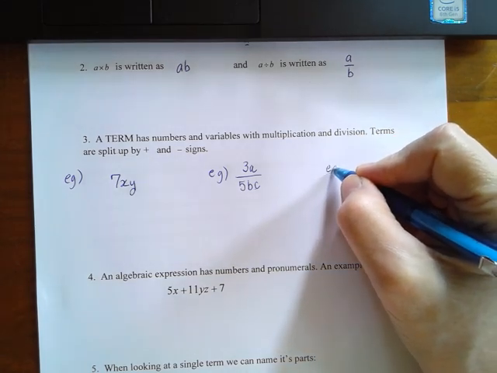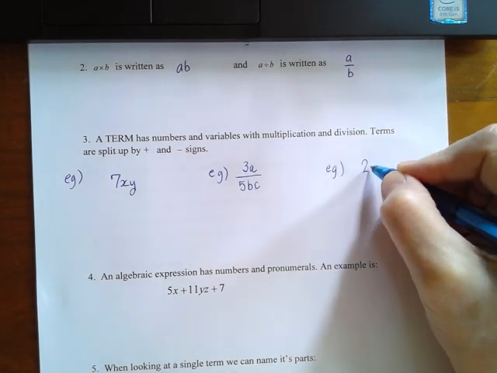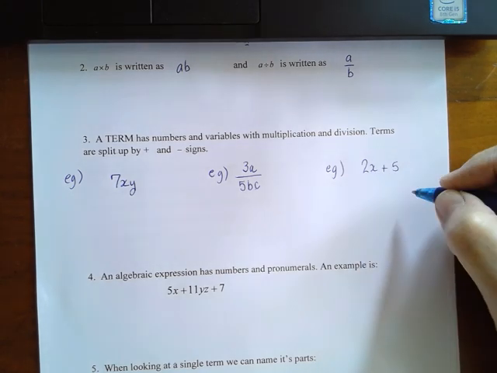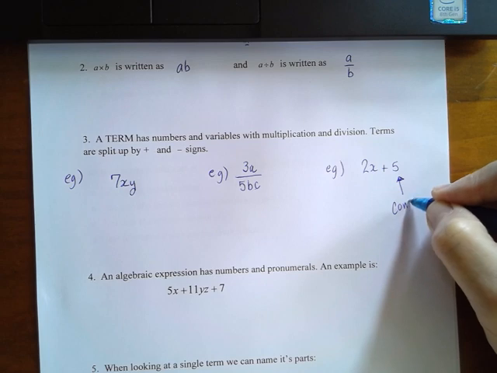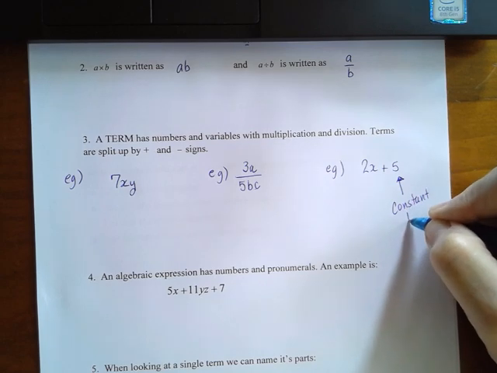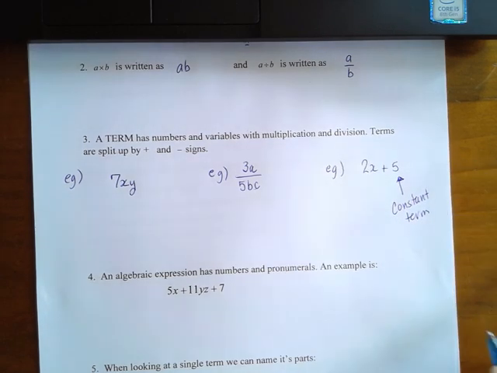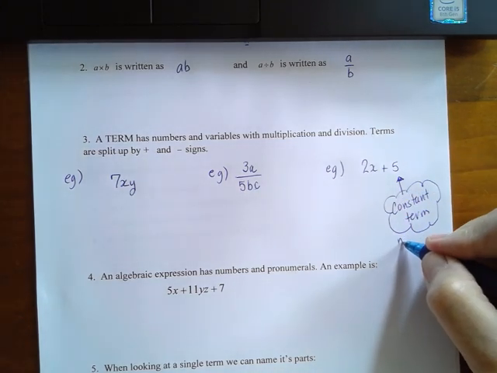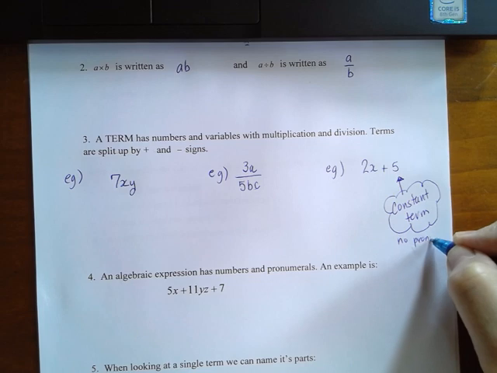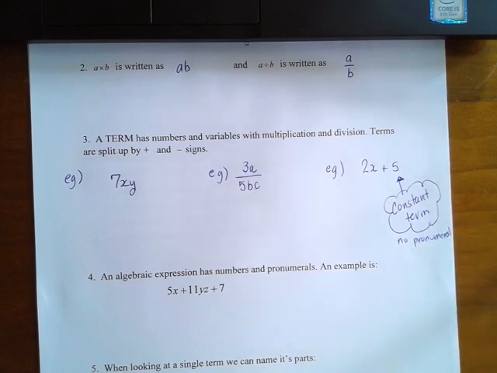Sometimes we just get something like this, 2x plus 5. And when we do that, this thing is called a constant term. It has no letter with it. So a constant term, make yourself a note, has no pronumeral or no variable.